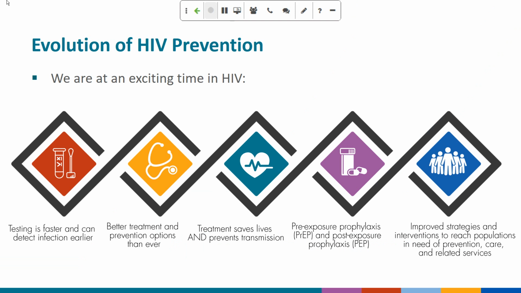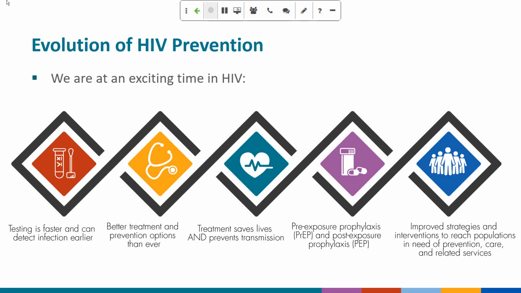We are at an exciting time in HIV prevention. Testing is faster and can detect infection earlier. If that test is positive, we know that treatment saves lives and prevents transmission. And for those that are negative but are at risk, we have effective prevention options, including PrEP and PEP, condom distribution, and syringe service programs.